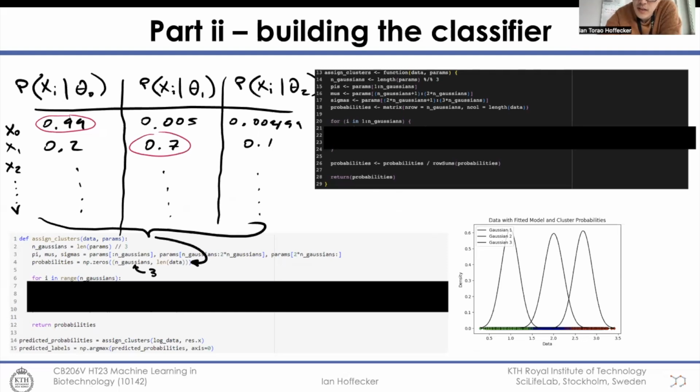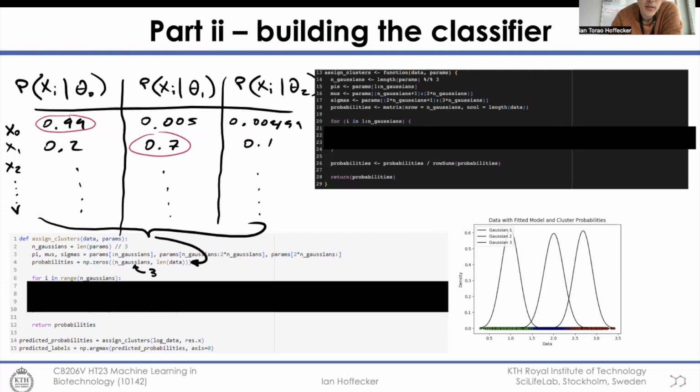And then the next step that we're interested in is building some kind of classifier from this. So what we can do is assemble a table here of likelihoods or probabilities. And the idea here is that now that we've gotten our parameters, so we have, say, 3 Gaussians, we know the means and the variances and everything for these different Gaussians.